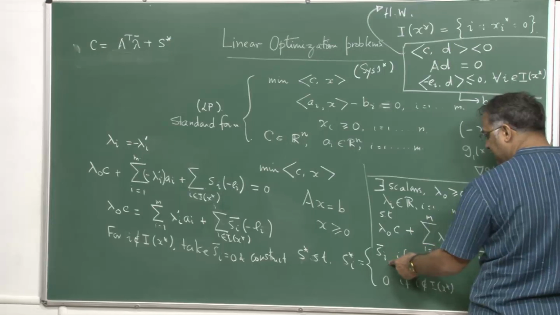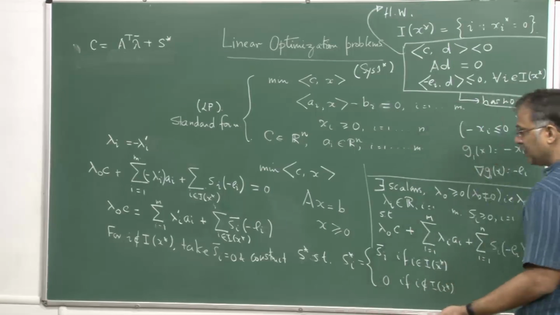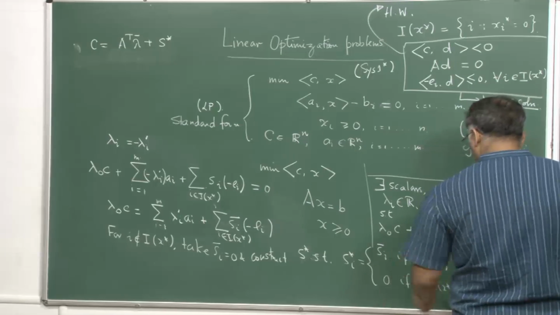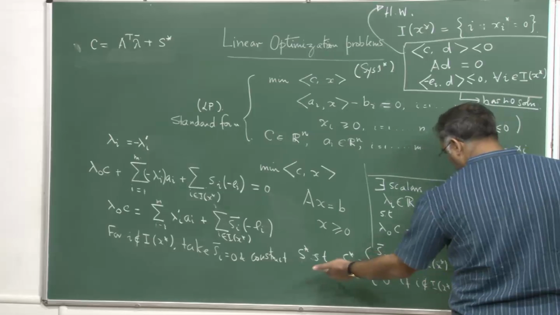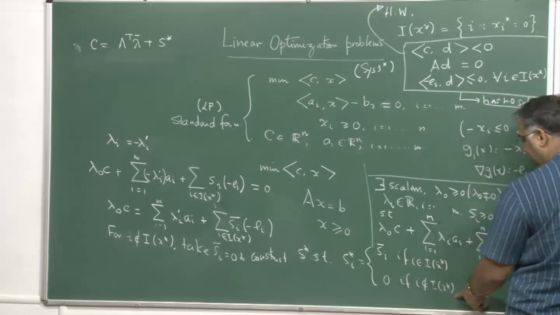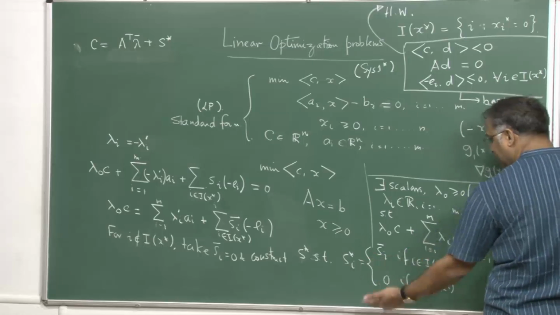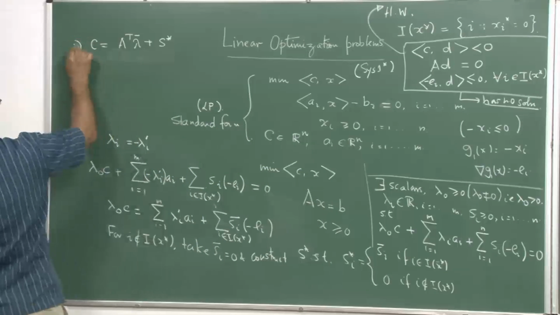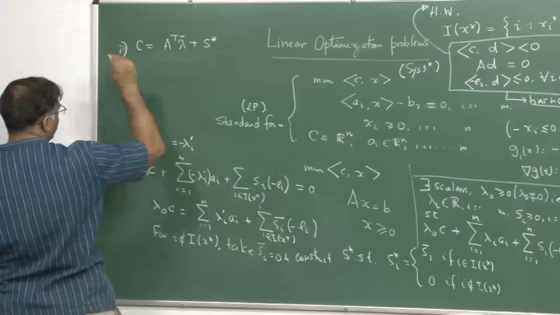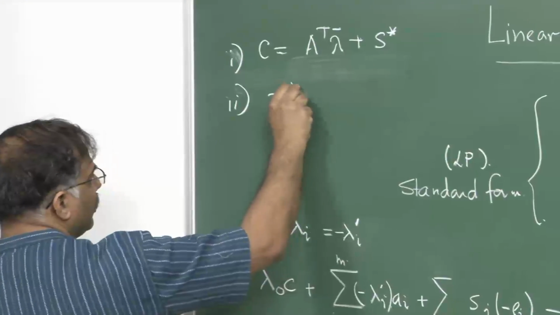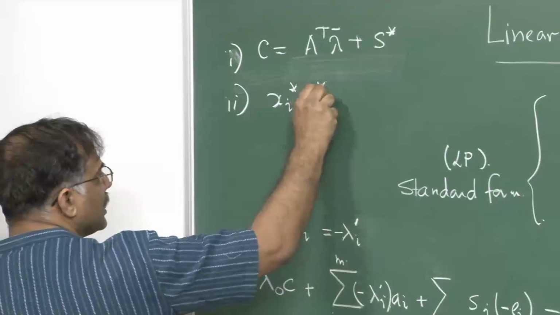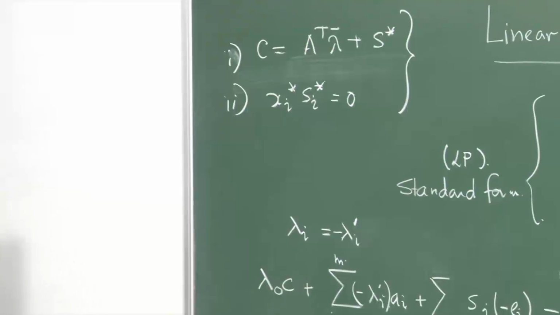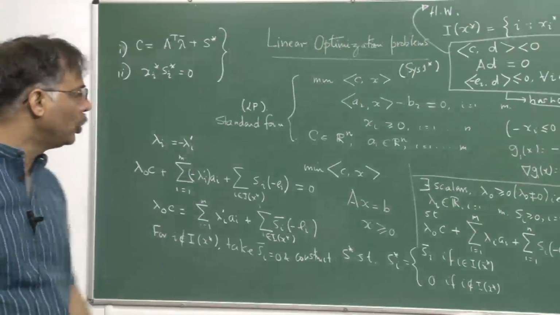So, xi star into si star would be equal to 0. Now, when i is not in Ix star, xi star is strictly bigger than 0, but si star is equal to 0. Which means that finally I get what you and I call the complementary slackness condition, which says this is equal to 0, and this is essentially the two major lines of the John conditions.